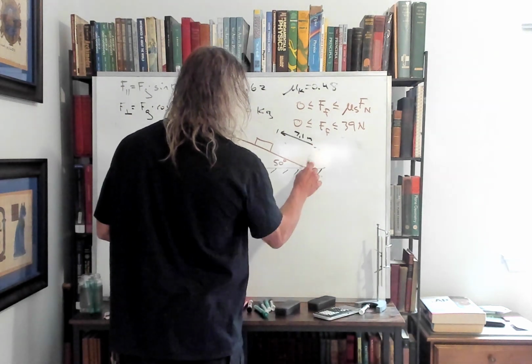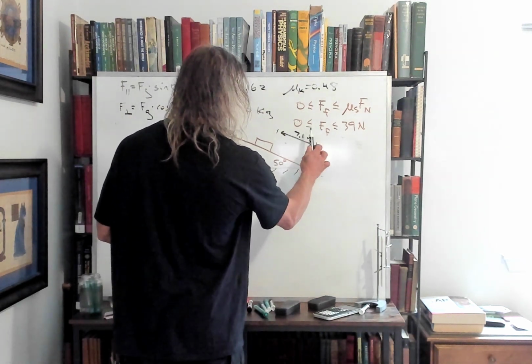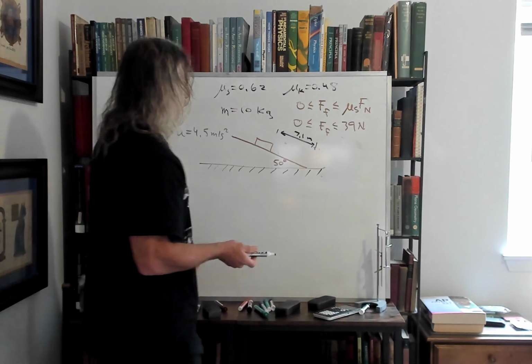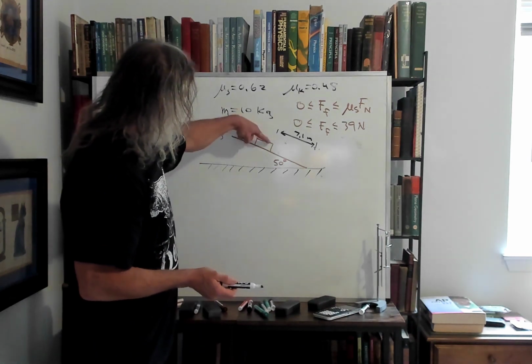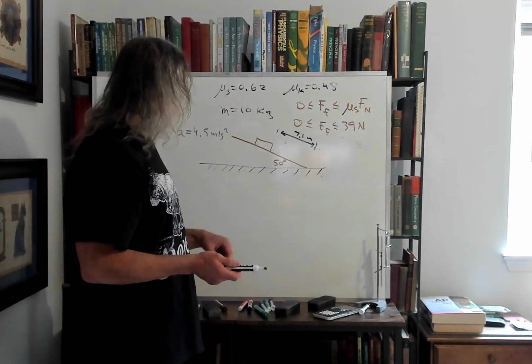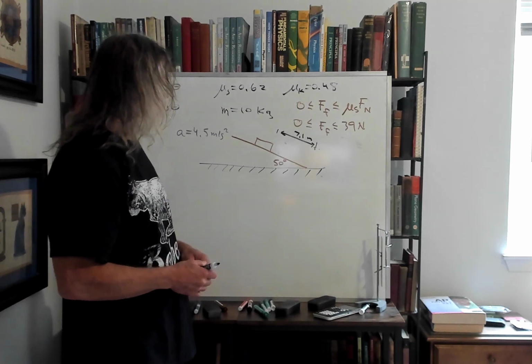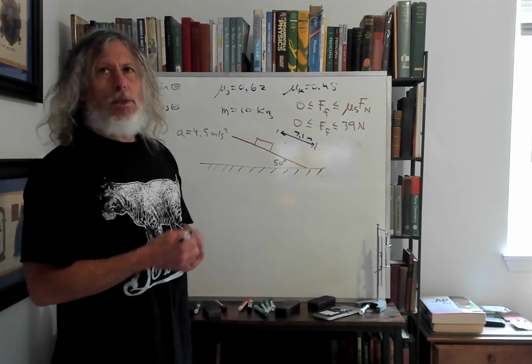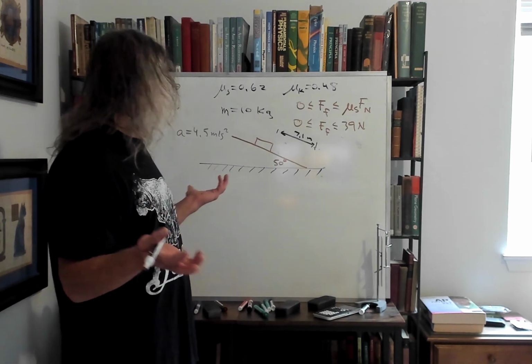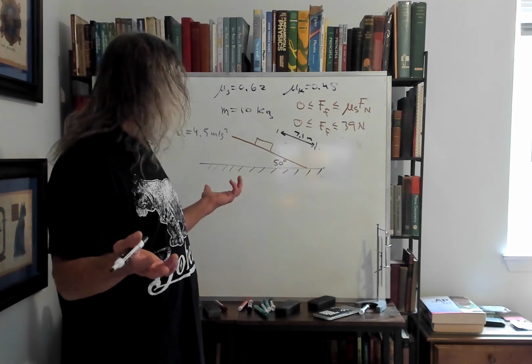Make sure it's all clear. From here to where it's going to come down to the ground, 7.1 meters. So, what's the velocity when it gets to the bottom?